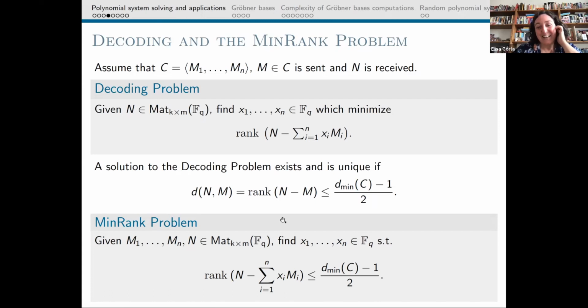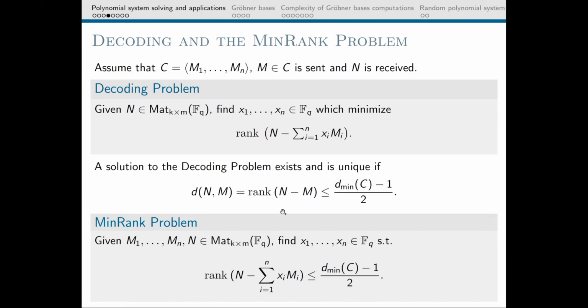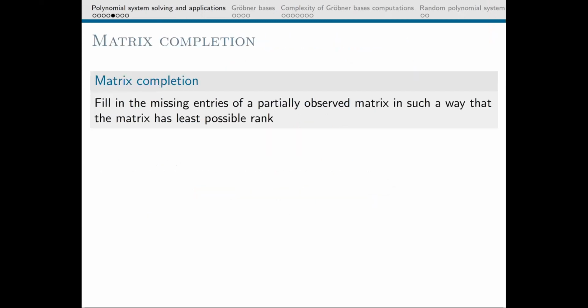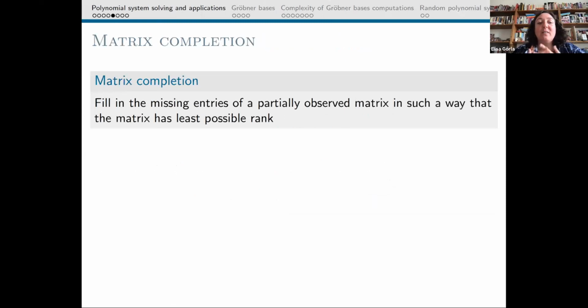Okay, great. Excellent. So I was saying about matrix completion. Matrix completion is the problem where you have a matrix where some entries are known and some entries are not known, and you want to fill in the missing entries so that the matrix has least rank. So you see, this is very close to the problem from before, right?